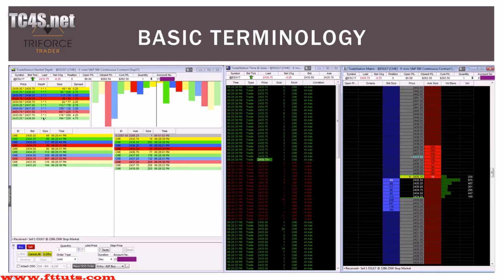And then you're going to see depth, the market depth of the market. This is the bid and the ask, and you see the ID is the CME. At 24.35 and a quarter for the S&P, for example, there are 60 contracts sitting there, and then there's 200 to sell at 24.36.